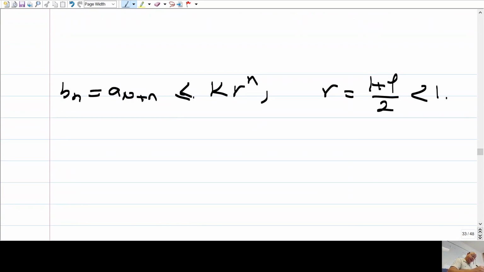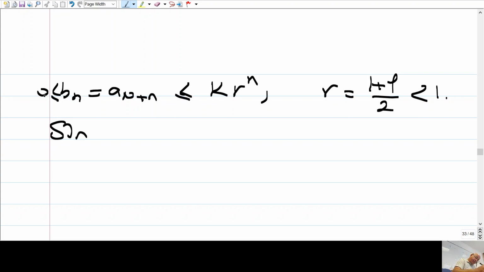Well, you see, r is a positive number less than 1. Therefore, the series with general term k times r to the power n will be the geometric series and it's convergent.